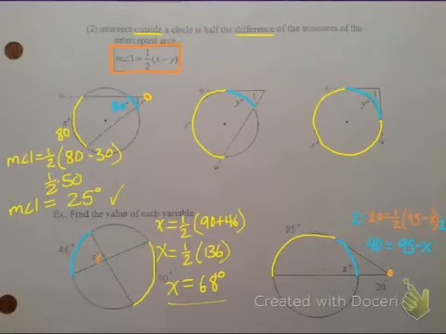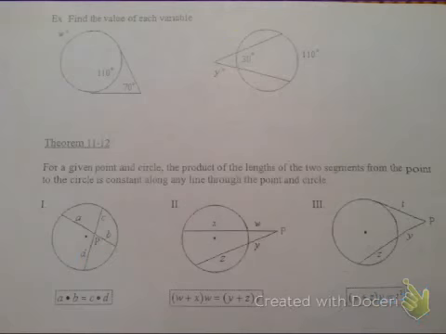Subtracting 95 from both sides, I get negative 55 is negative x, but I don't want negative x, I want positive x, so multiplying both sides by -1, x equals a positive 55 degrees. Alright, so this is the measure of that arc there in blue.